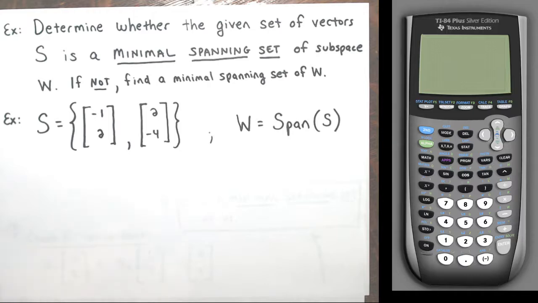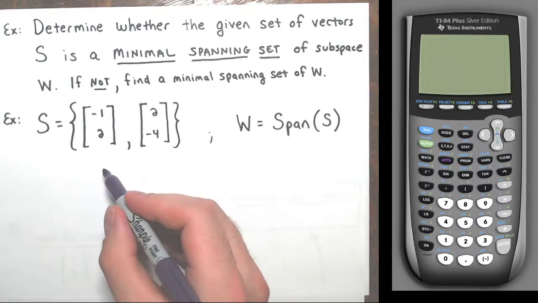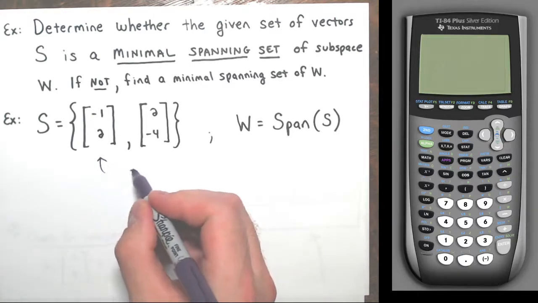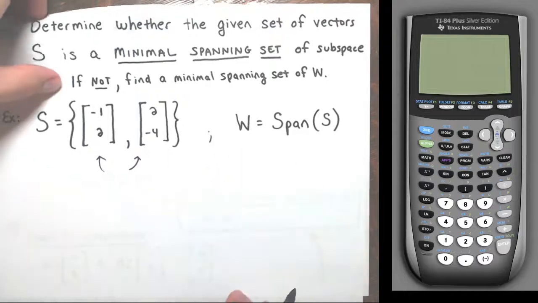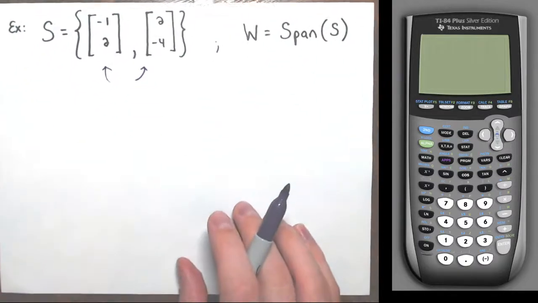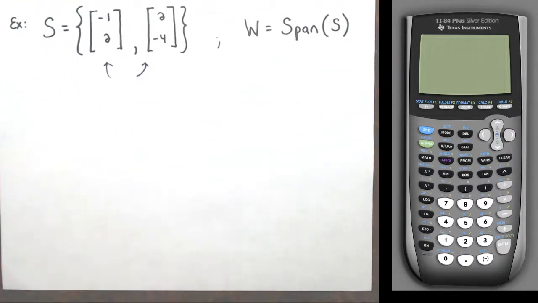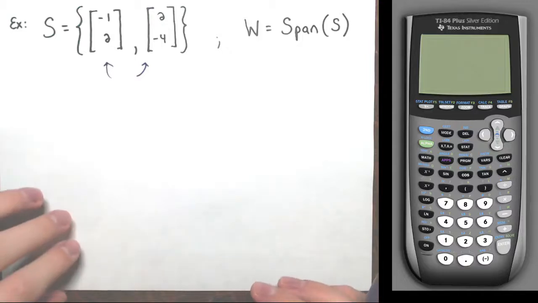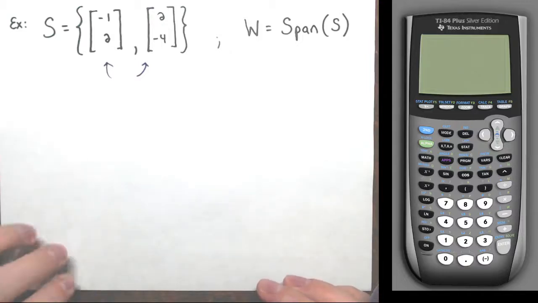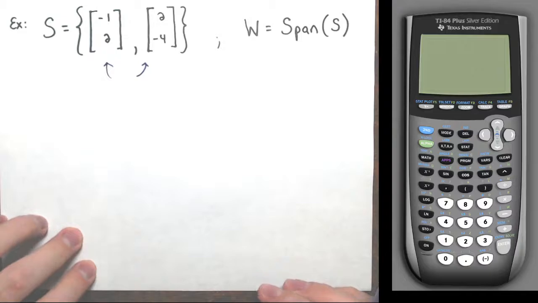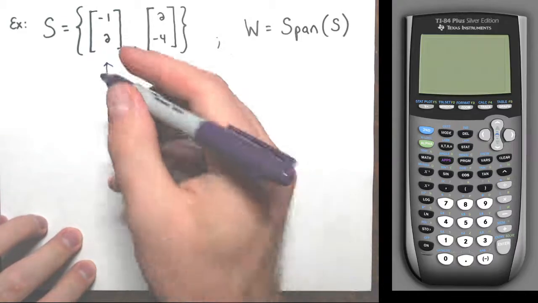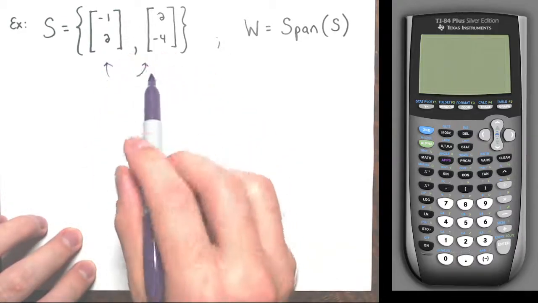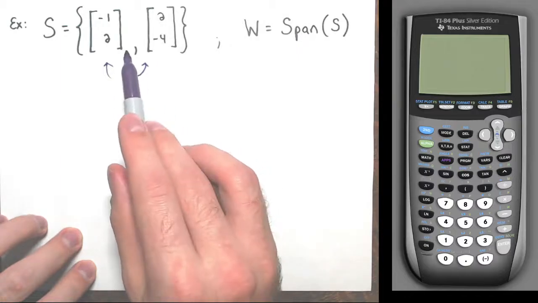we can see this a couple of ways. Notice again here, this set has 2 vectors. And when a set has only two vectors in it, it's very easy to determine whether or not they are linearly dependent or linearly independent. That's what we're checking for. Here, these 2 vectors, are they scalar multiples of each other?